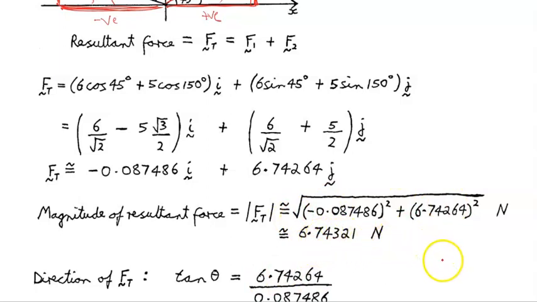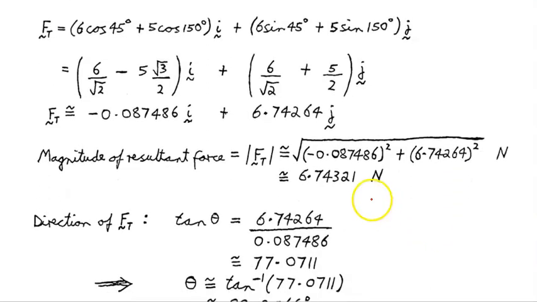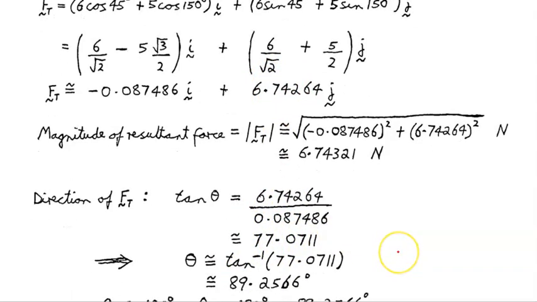What direction does it make? Well, you can see there's some in the negative x direction, and mostly a lot of it in the positive vertical direction, so it's going up and to the left a bit. What angle is it making? Tan theta is this value over this one, which is 77.0711.